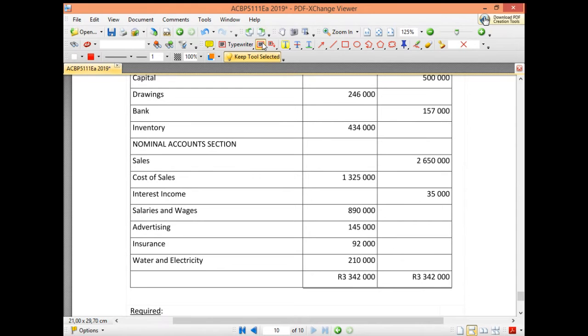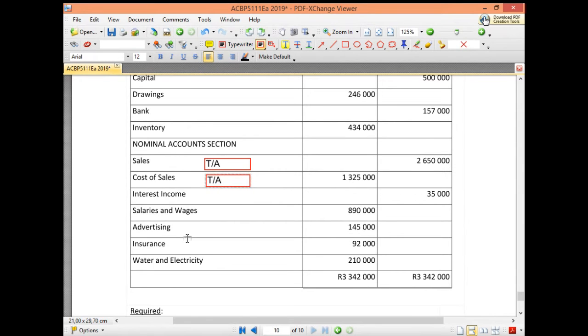So based on the trial balance they've given to us, I'm just going to say TA for trading account. We take the sales to the trading account. We take the cost of sales to the trading account. And we look at the further information. There's no sales return in this question, so we do not have to worry about it.